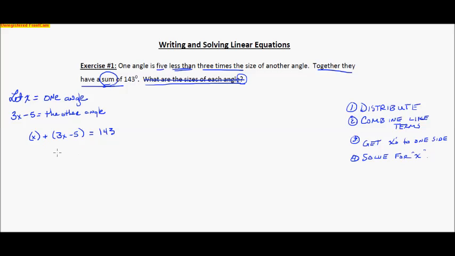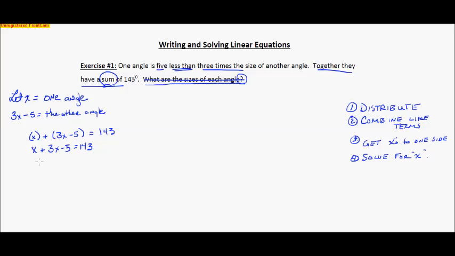Now we need to solve it, and first I go over to my list and it says to distribute. Well, I don't have anything to distribute. There's just ones in front of these parentheses, and if this was a minus sign I would have to distribute that -1, but I don't need to if it's just a plus, so I'm just going to drop those parentheses right out. Then I go to number 2, combine like terms.